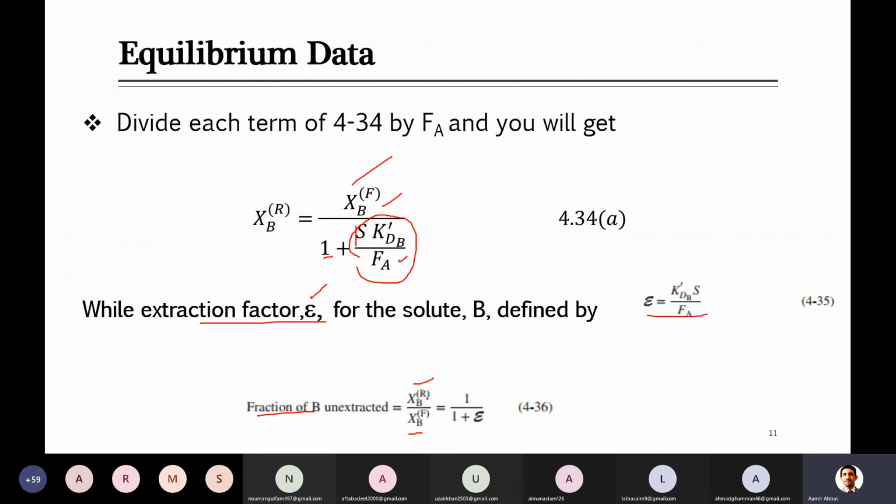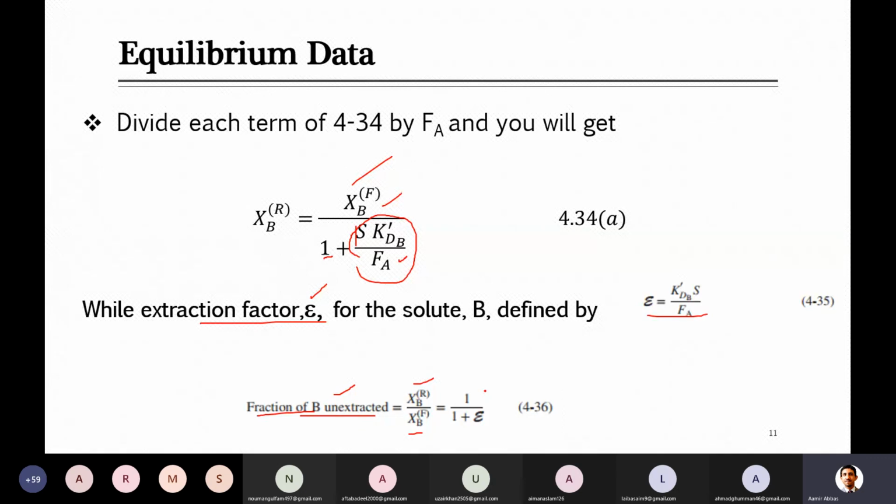This is an immiscible system, so FA will cancel, and it will be the ratio between the mass of component B in the raffinate stream and initially in the feed stream, which is the part still not extracted. So the fraction of B unextracted can be found with the help of 1 over 1 plus epsilon.